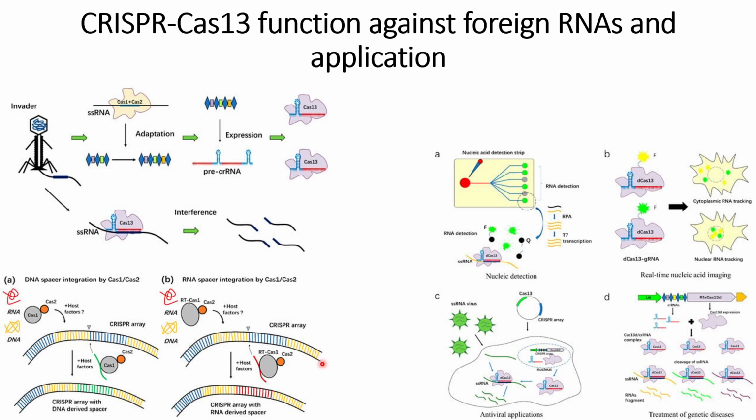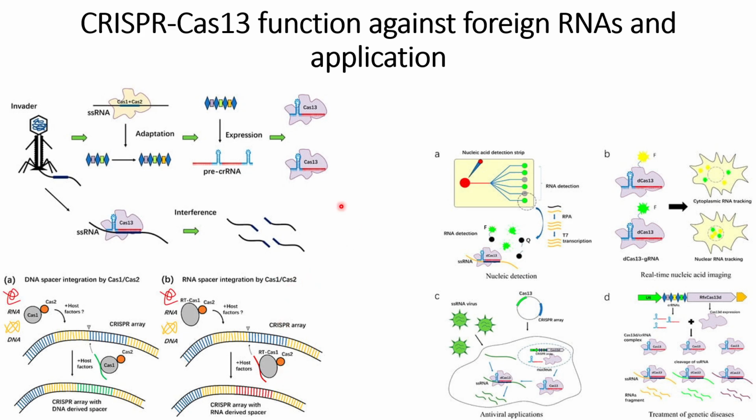Now let us quickly go through some applications of the CRISPR-Cas13 system. It can be used in a microfluidic device to detect whether a particular RNA is present or not.